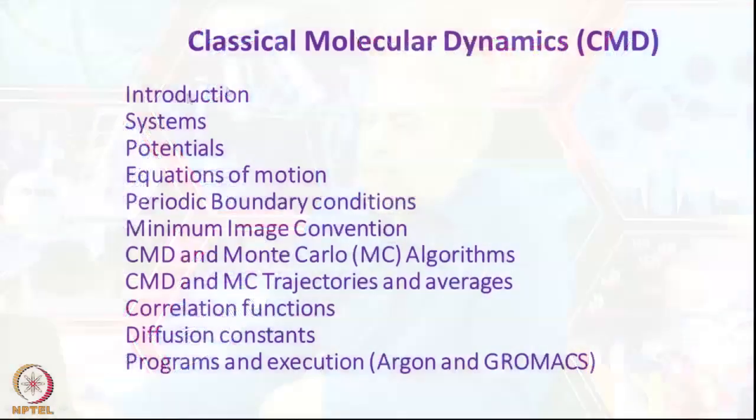So, now I begin classical molecular dynamics. What is that outline? I will first introduce what classical molecular dynamics is, then consider all the systems that can be studied. Basically we want to know how classical molecular dynamics can be used to do several useful calculations in chemistry. It very strongly depends on the intermolecular potentials, and once we have the intermolecular potentials, I will be solving the equations of motion.